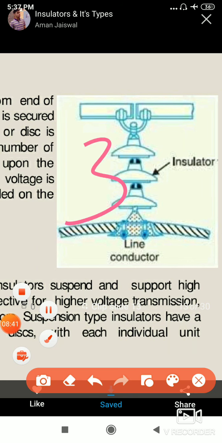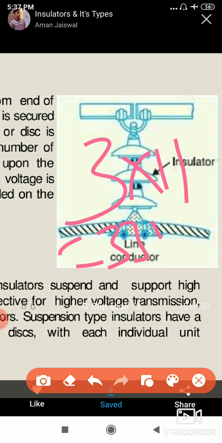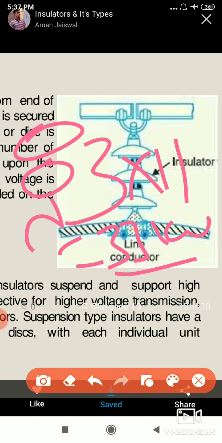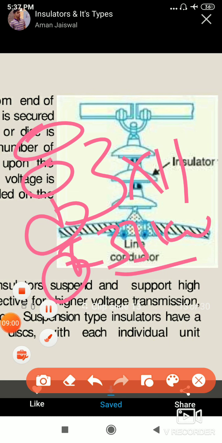How much voltage can the conductor carry? 3 into 11, that means a 33 kV line is carried. If the number of discs increases, suppose there are 6 discs, what voltage will the conductor carry? 66 kV. So this is the suspension type insulator.